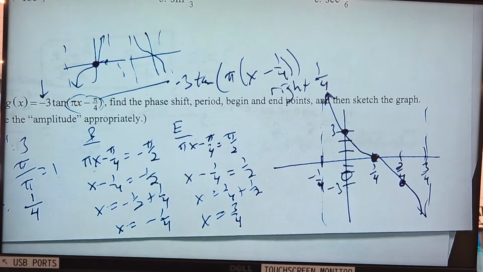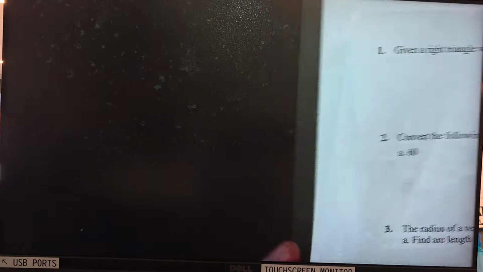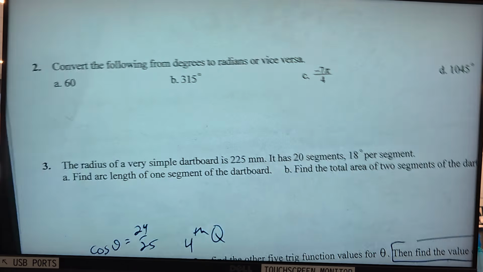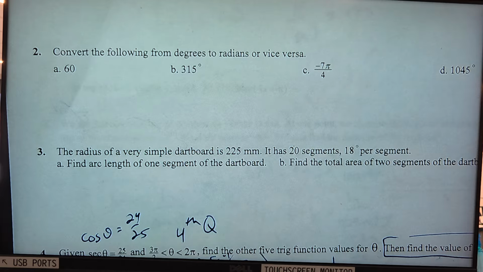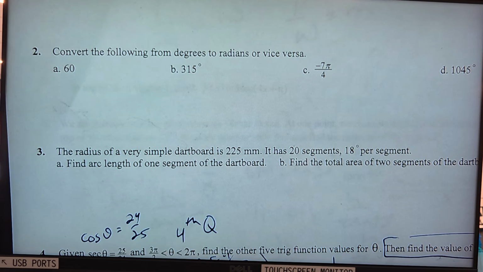So let me know if any of that looks wrong, or if you still have questions on any of these. We could even do other problems like some of these if you want to focus on any of them. Up to you.